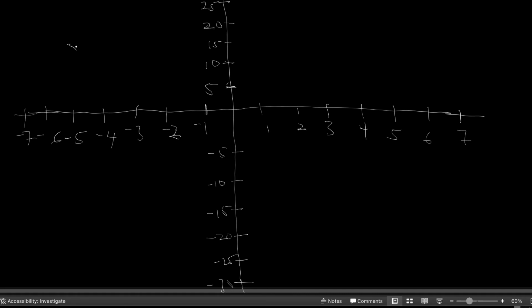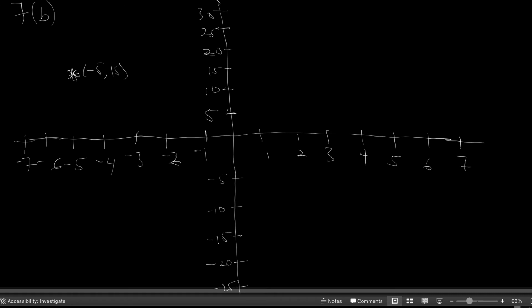So this should be somewhere here. And when x is equal to negative 4, y is 5. So negative 4, 5 should be somewhere here.